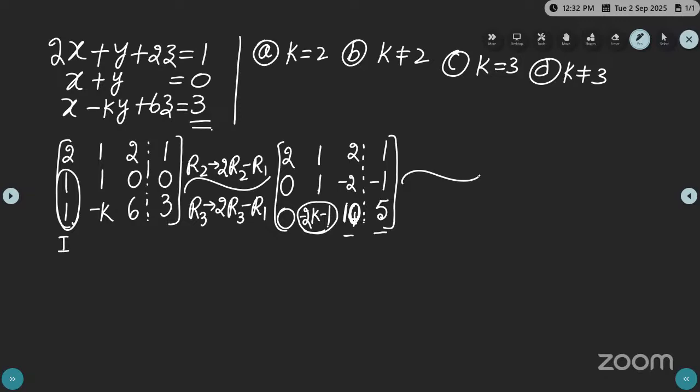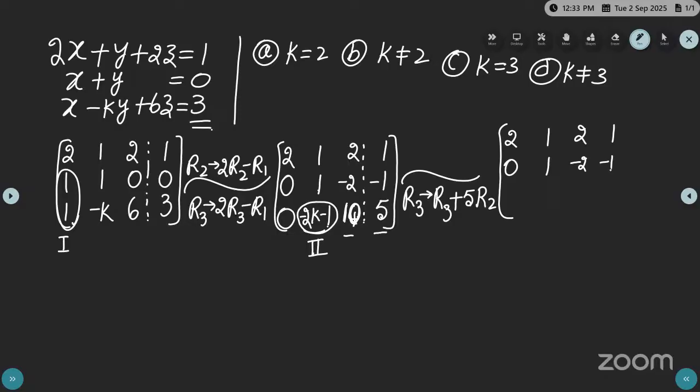In the second step, using the second row, R3 implies R3 plus 5R2. First row: 2, 1, 2, 1. Second row: 0, 1, minus 2, minus 1.